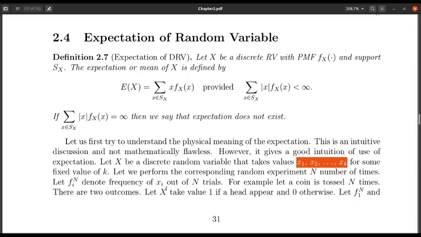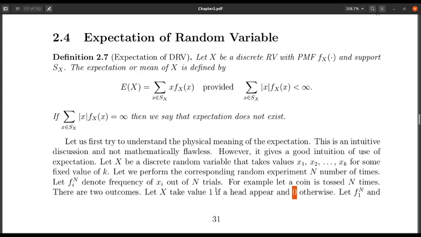For example, you can think of tossing a coin, and suppose x takes value one if a head appears, whereas x takes value zero if a tail appears. In this case, the random variable x can take two values with positive probabilities, and I can repeat this experiment again and again.